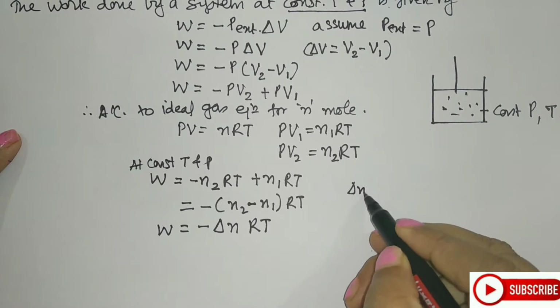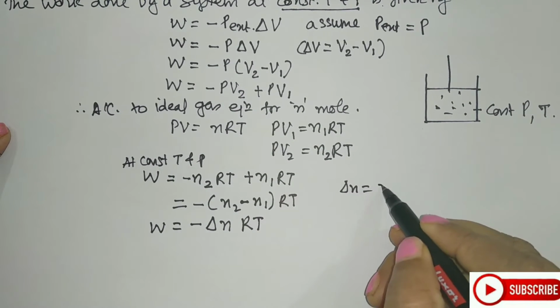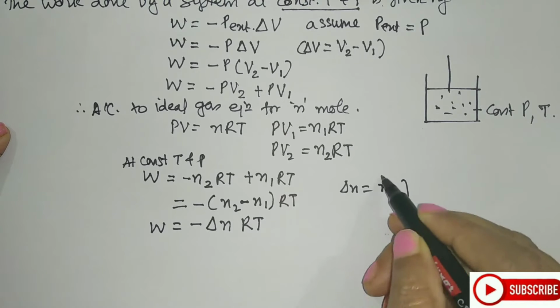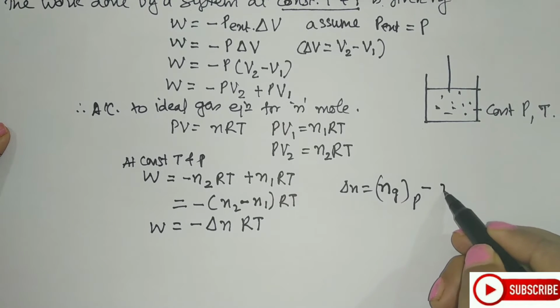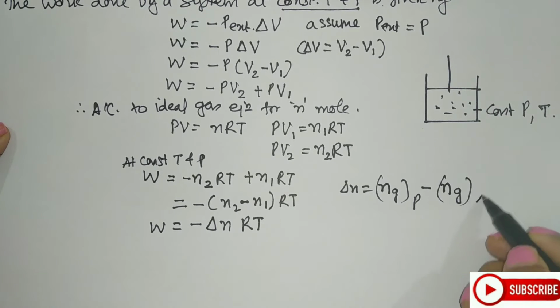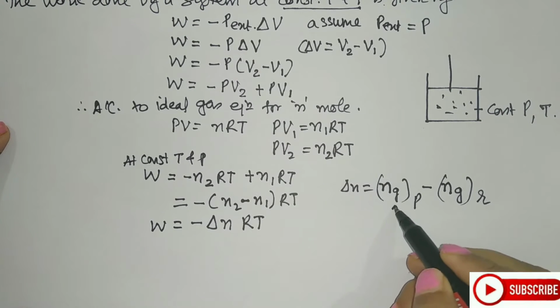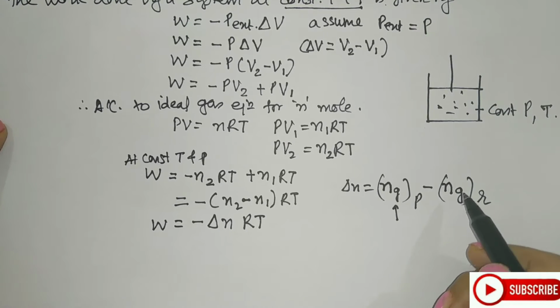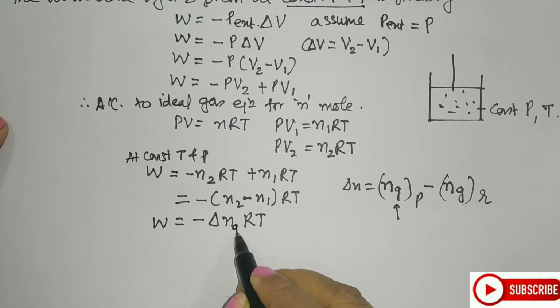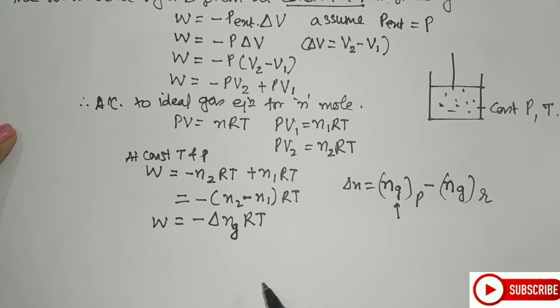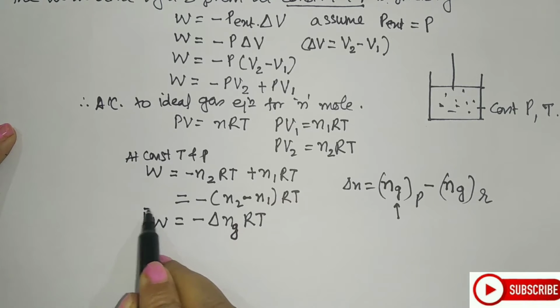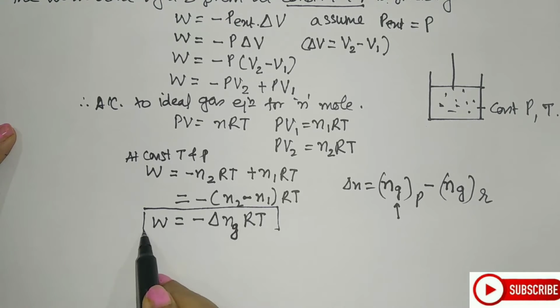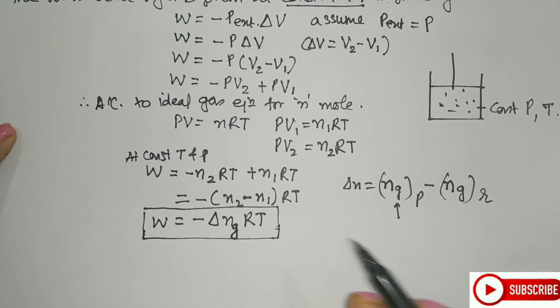So delta N is equal to the number of moles of the gaseous products minus the number of moles of the gaseous reactants. As for the physical state of the reactants and products, we always consider moles in the gaseous form. You have to just write here that g means the gaseous phase. So what you have is the equation that W is equal to minus delta N RT.